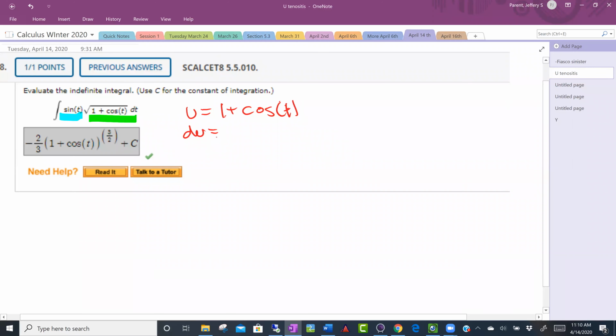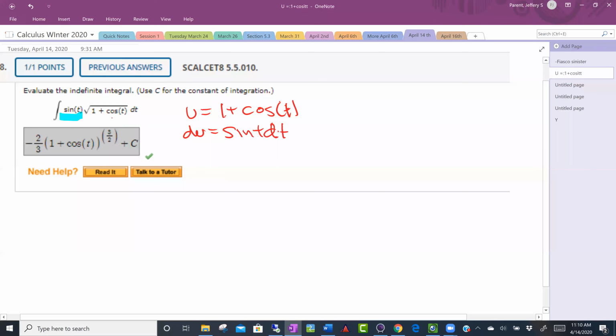Well, I'll kind of cut to the chase a little bit. Du is going to be sine of t. It's really du dt equals sine of t, but if I multiply both sides by dt, I get du equals sine of t dt. And that's perfect because sine of t dt is actually what I've got here in my integrand.